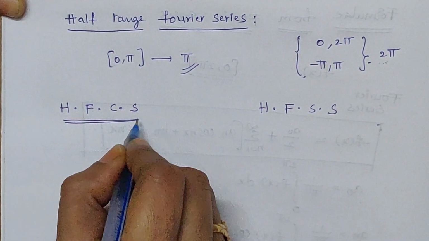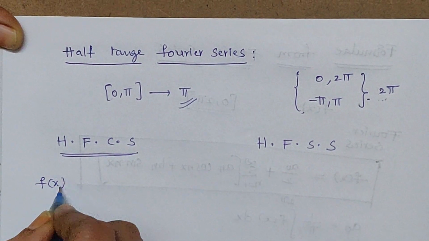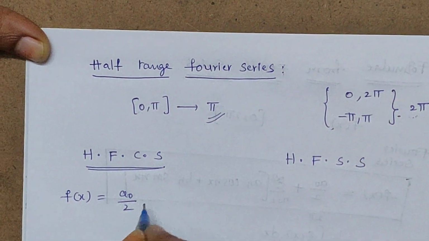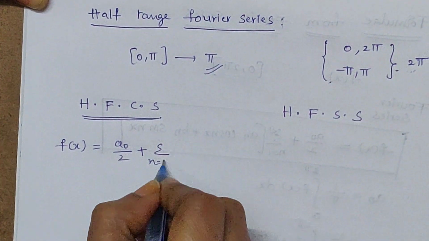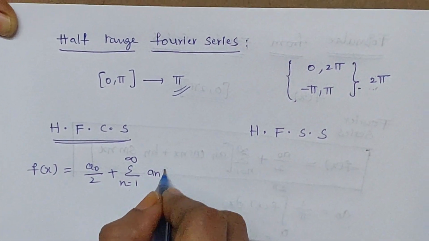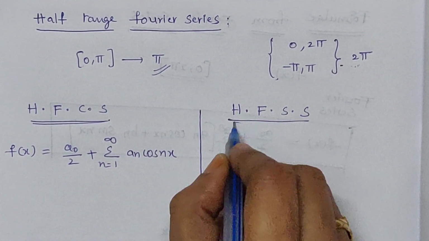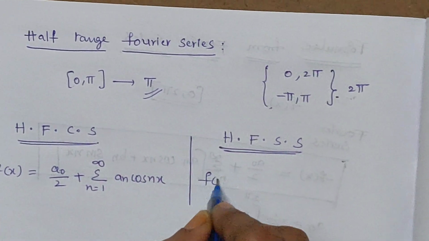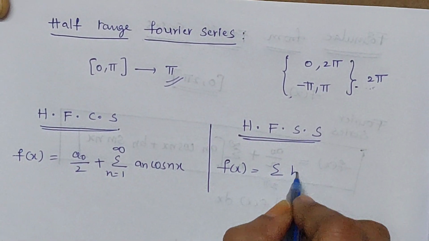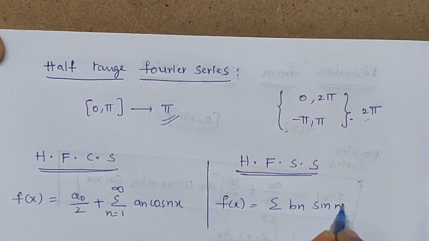The half range Fourier cosine series is given by f of x equal to a0 by 2 plus sigma n equal to 1 to infinity an cos nx. The half range Fourier sine series is f of x equal to sigma bn sin nx.